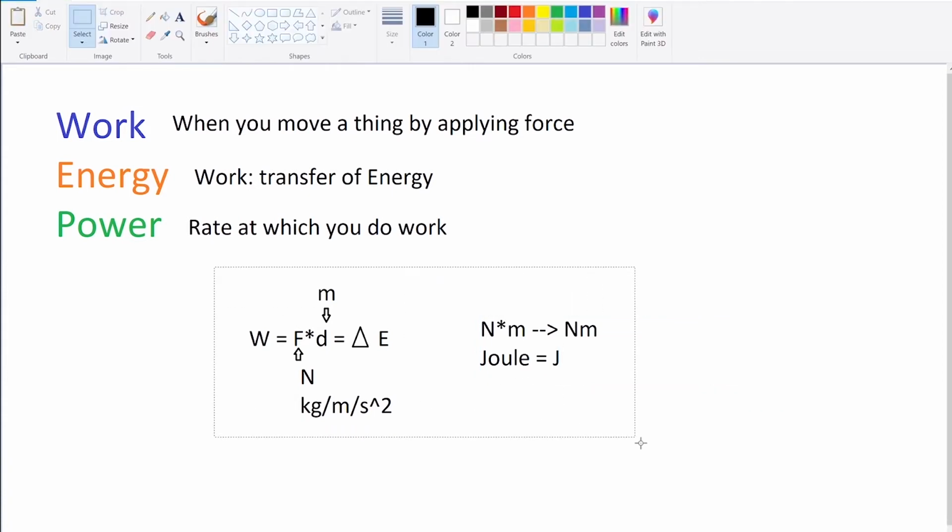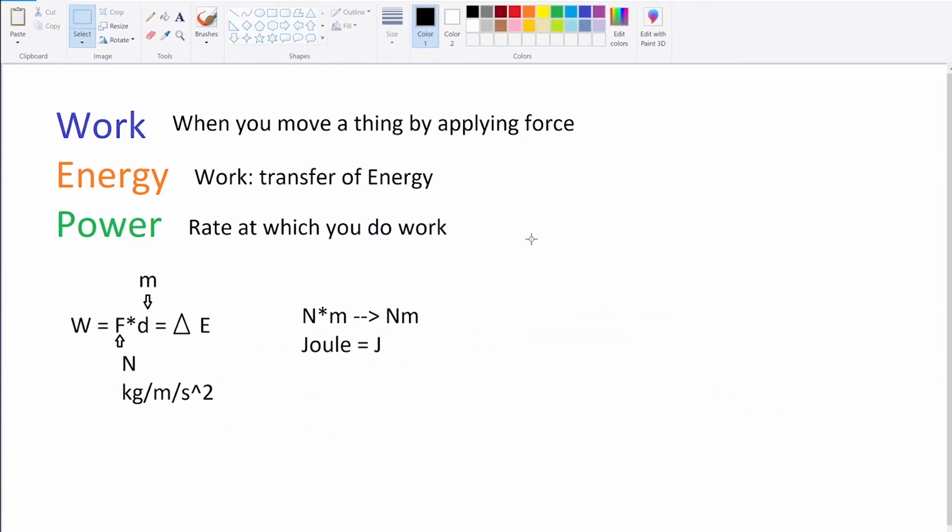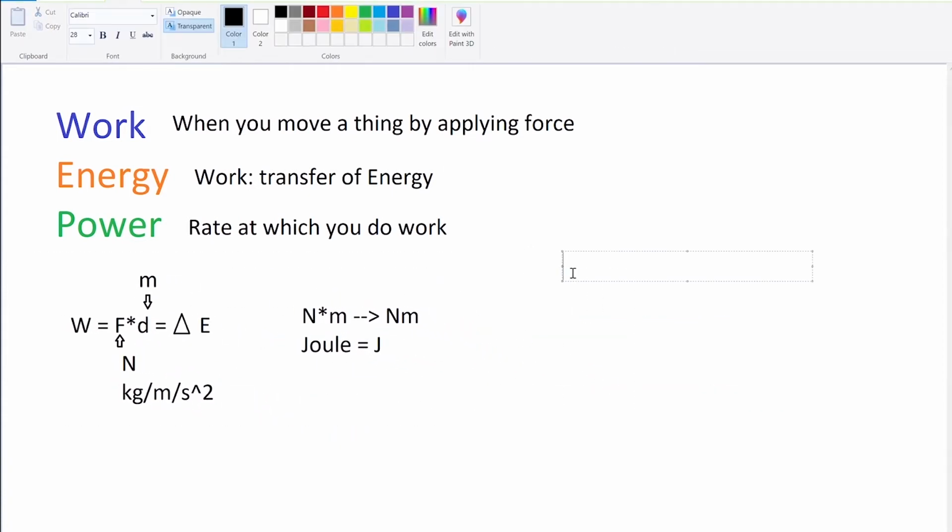So let's use this equation to do a little quick example problem here. Let's say you're trying to move a refrigerator across your kitchen just by pushing it horizontally. And you do this by applying 200 newtons of force across 2 meters.